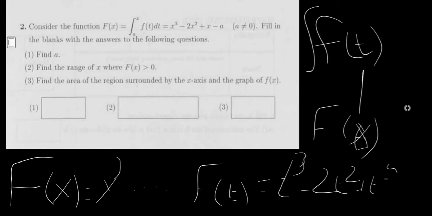And this is it, because if f of x is this, f of t is this. Now notice, it's not anything complicated. If I told you that f of x is this big function over there, and I asked you what is f of 2, you would say it's 2 cubed minus 2 multiplied by 2 squared, right? So f of t is just this.